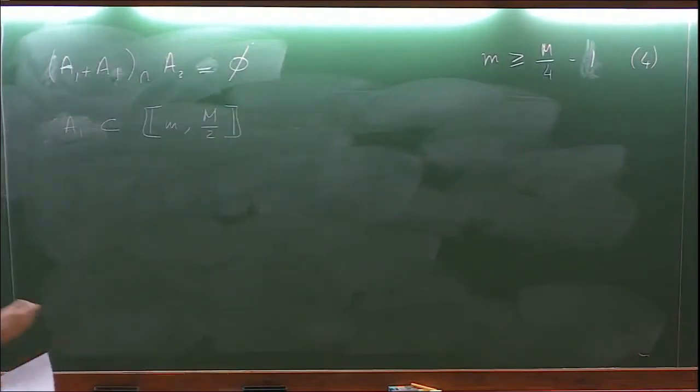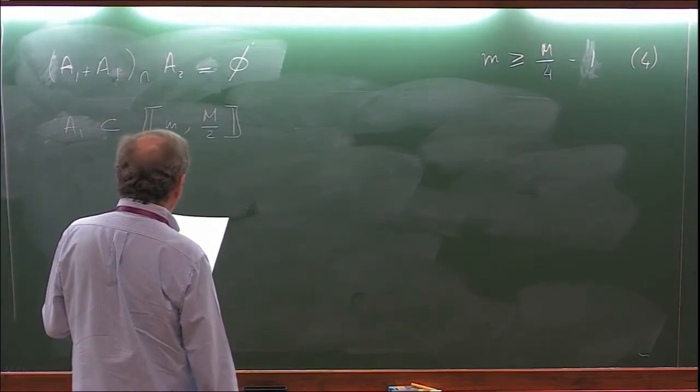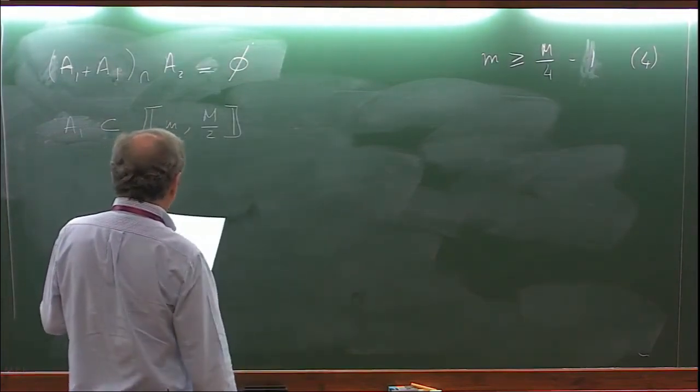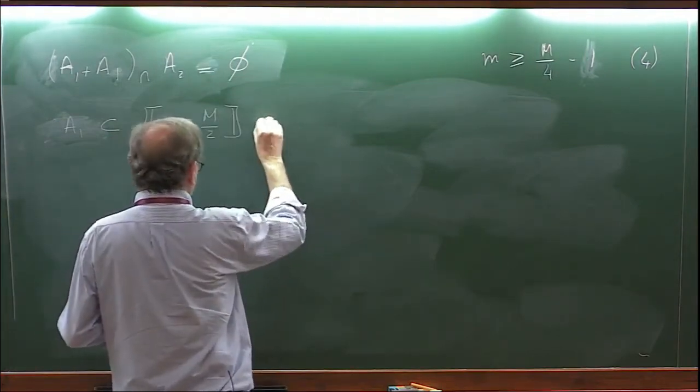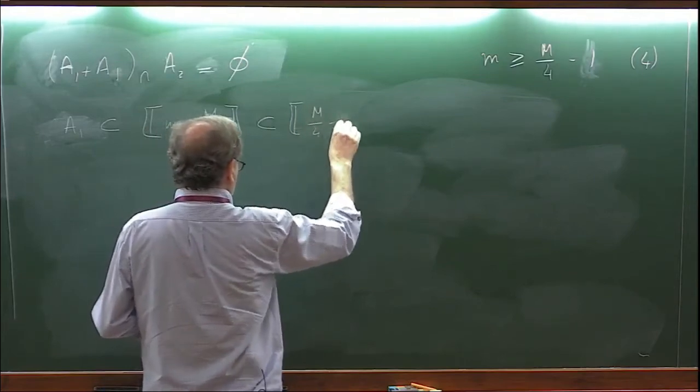By definition, there are no smaller elements. I take only the small elements, okay, so it is included in that. And you know something, that M is larger than M over 4. And so this is included in M over 4 minus 1.